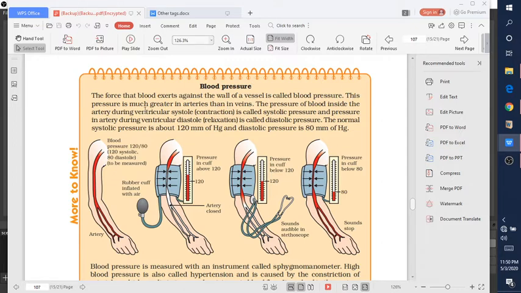Blood pressure is more in the arteries than the veins, and there are two types of pressure: systolic pressure and diastolic pressure.